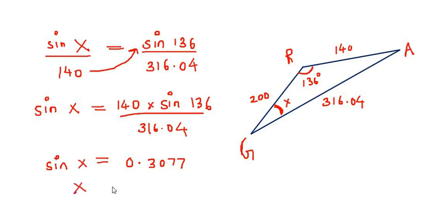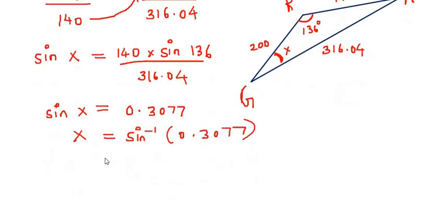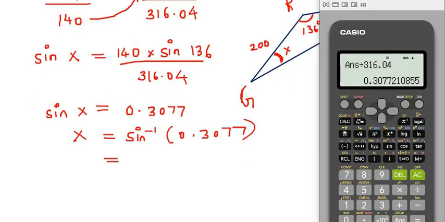So x will be equal to, the sine goes on the other side and becomes sine inverse. Sine inverse of 0.3077. So we get here, shift sine to get sine inverse, 0.3077. So we get it as 17.92.